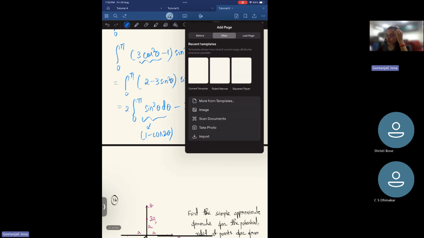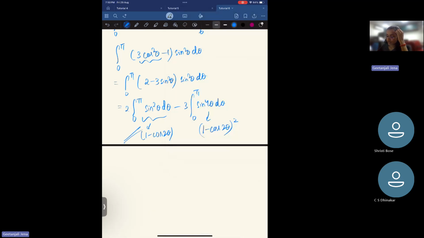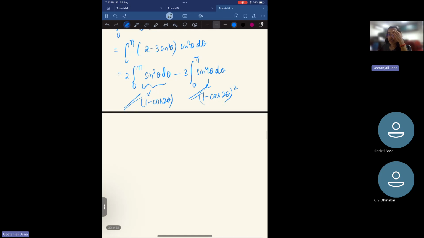Just do it, I think you can easily find the integration. If not, let me know in the next live session. For now, let me just write out the answer. You will get 3 pi by 2.